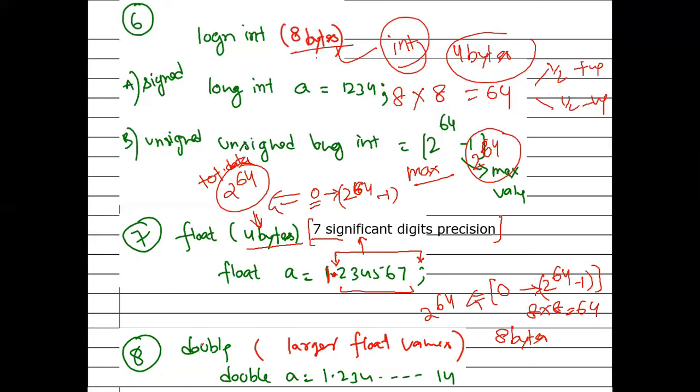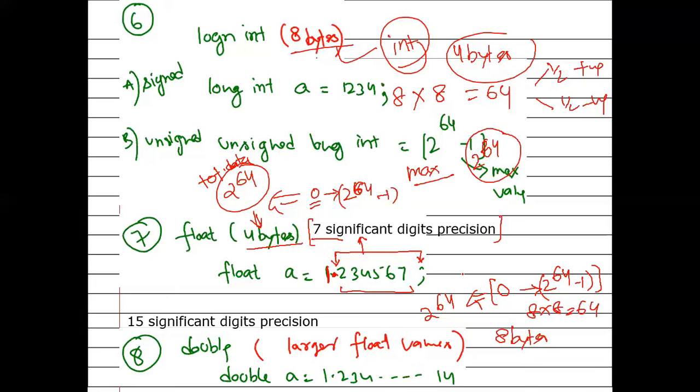The precision is almost twice the float, because we have used 4 bytes for float and here we use 8 bytes. It should give you good precision, right? It gives you around 15 significant digits of precision. It means after the decimal you can expect the correct result up to 15 digits.